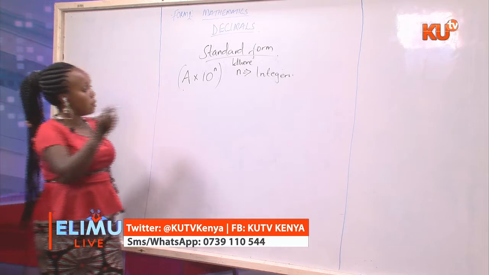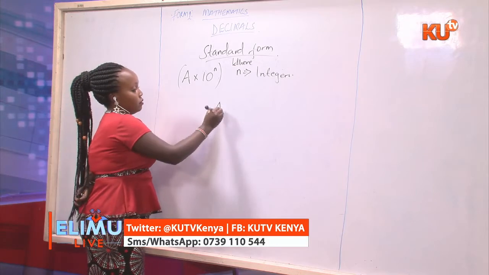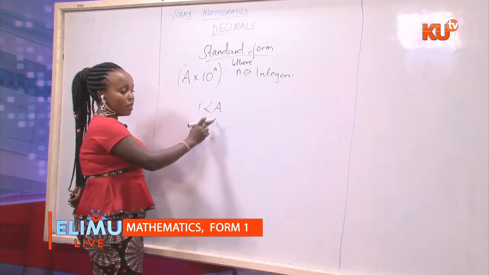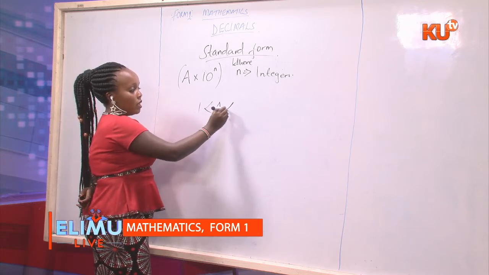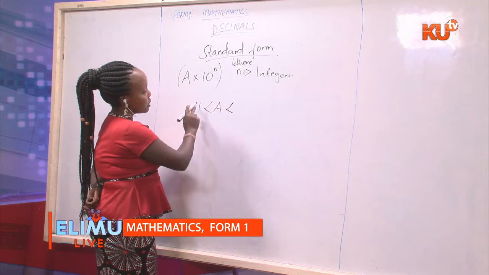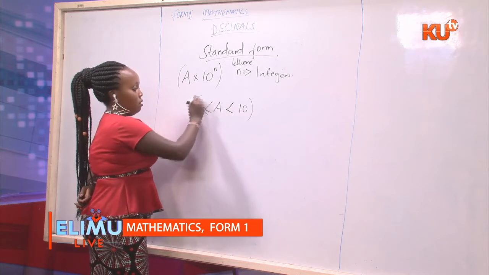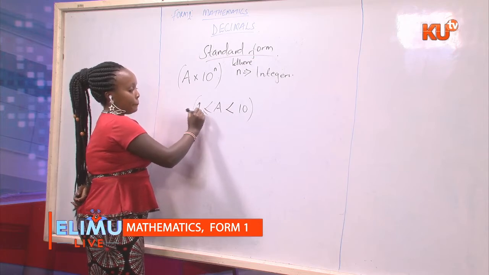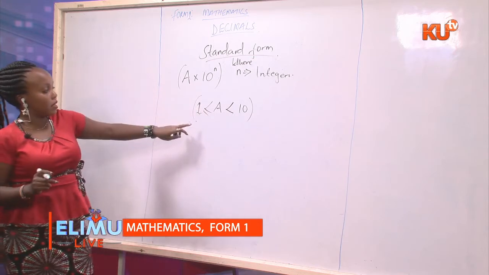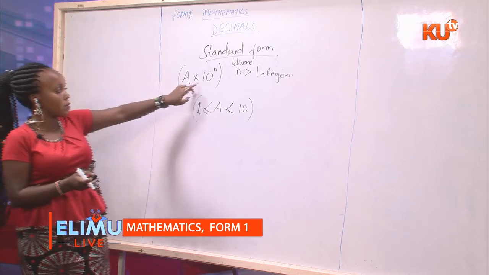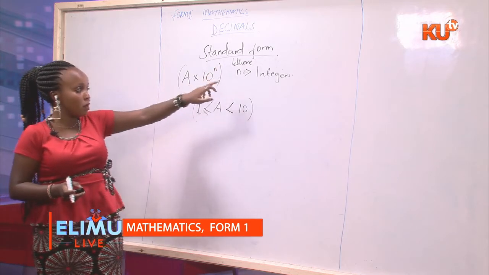And we've said that this a should be greater than or equal to 1, and a should be less than 10. So this is how a number in standard form should be expressed: in the form of a times 10 power n, whereby our n should be an integer.